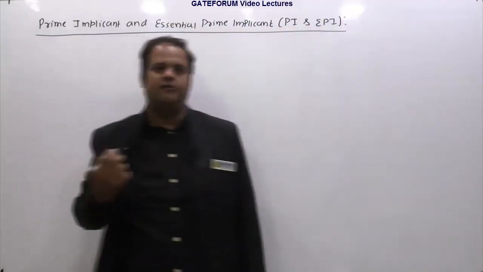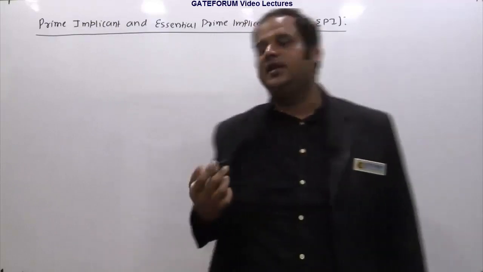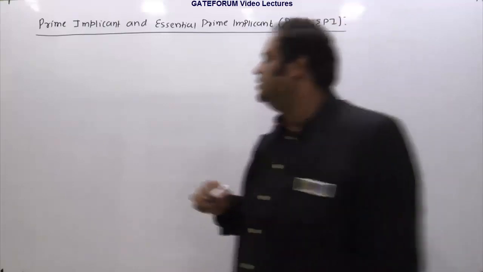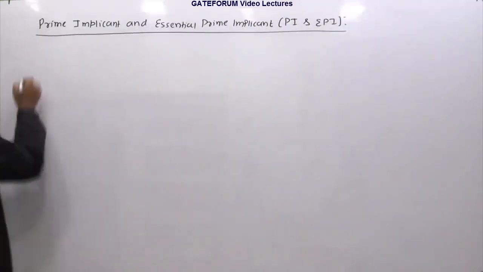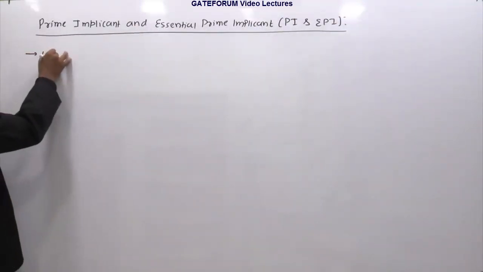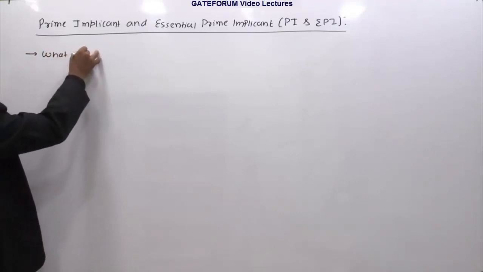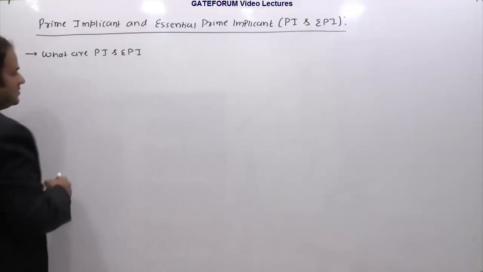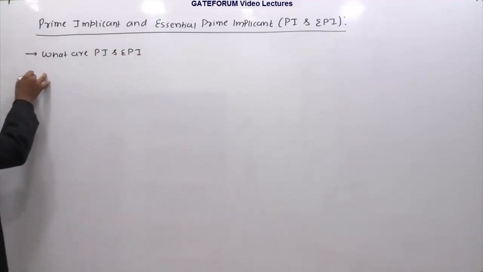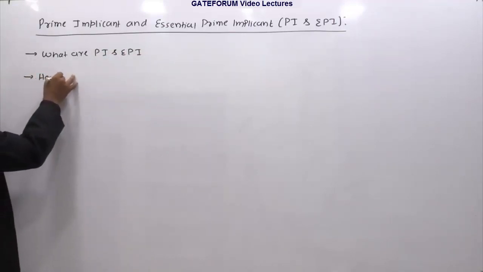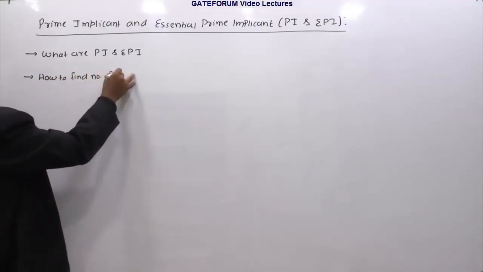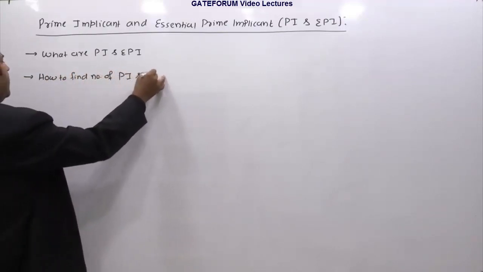So what are the various concepts I am going to tell you under this particular subtopic, PI and EPI? The first one we should know is what are PI and EPI. That's number one. Number two is how to find the number of PI and EPI.